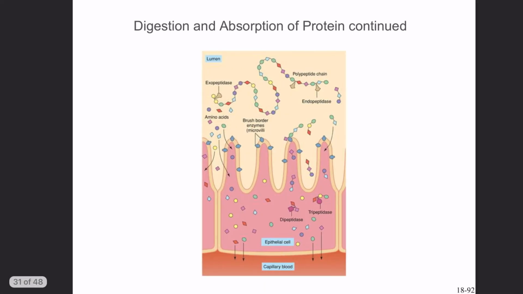So here we have a polypeptide chain, a protein chain, and this is showing some peptidases that are within the lumen of the small intestine. We have brush border enzymes that are going to further break it down, which allow for amino acids to come through our epithelium into our blood.